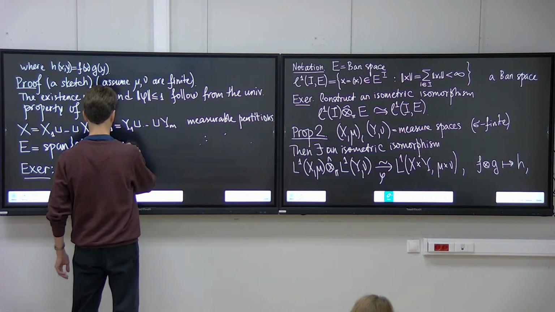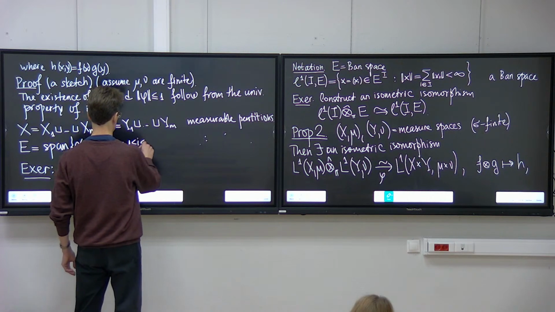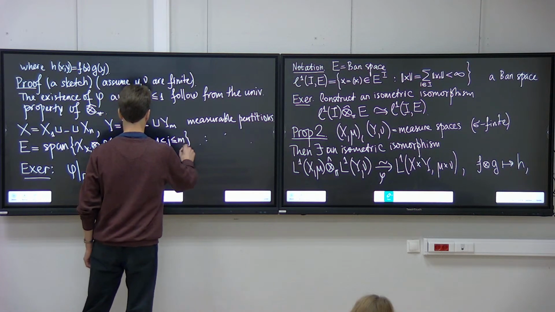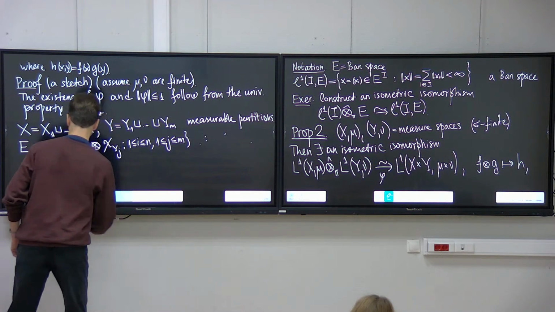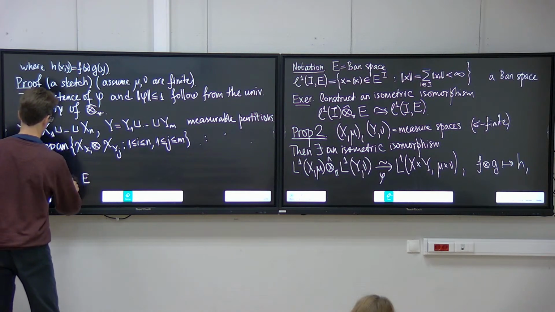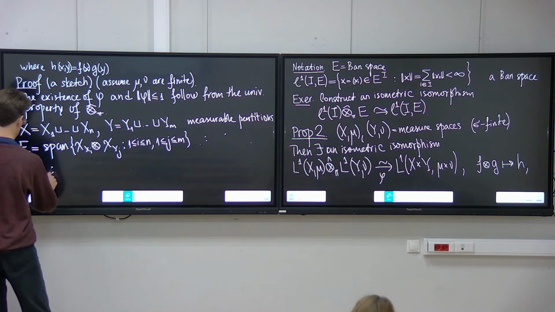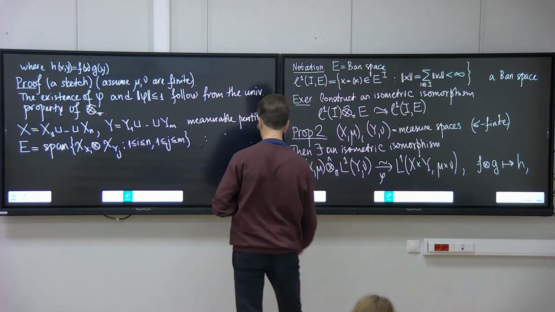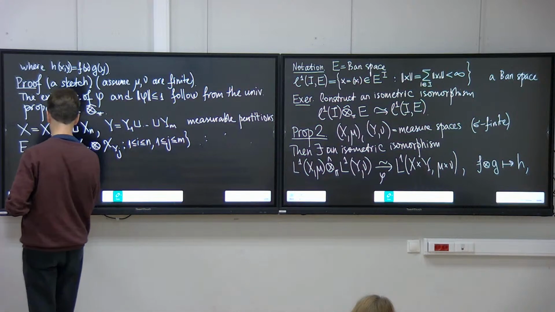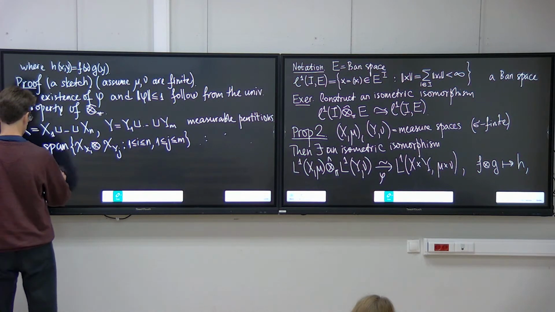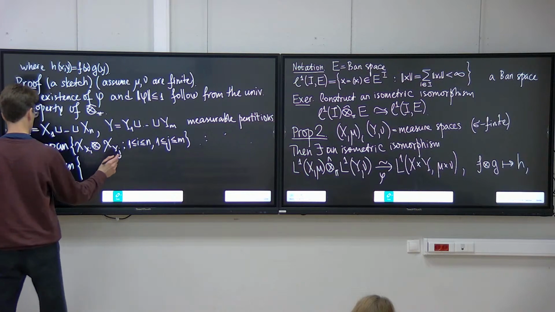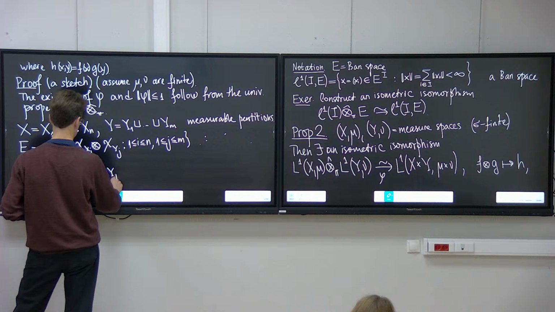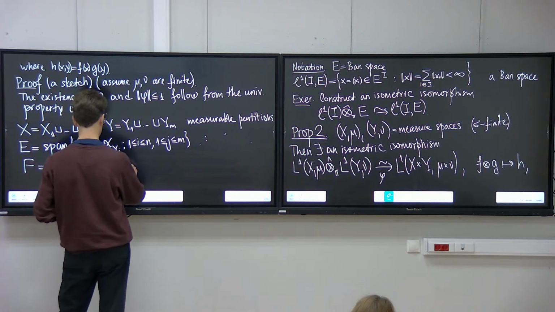This will be E. And we denote by F the respective subspace of L1 on X cross Y. So F will be the linear span of all characteristic functions of the products Xi cross Yj.